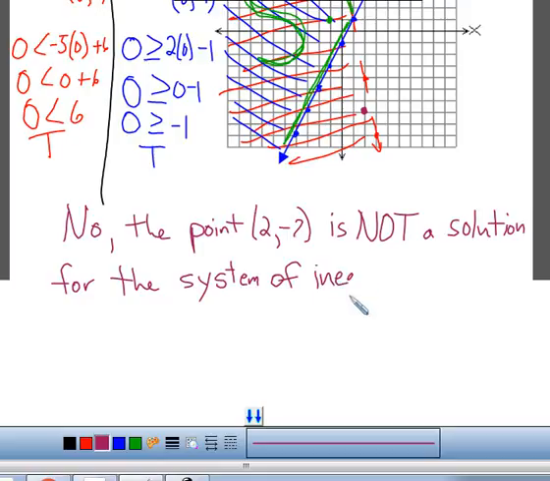Now, if the point negative 2, 7, or excuse me, 2, negative 7 was in the double shaded area, then it would have been a solution.